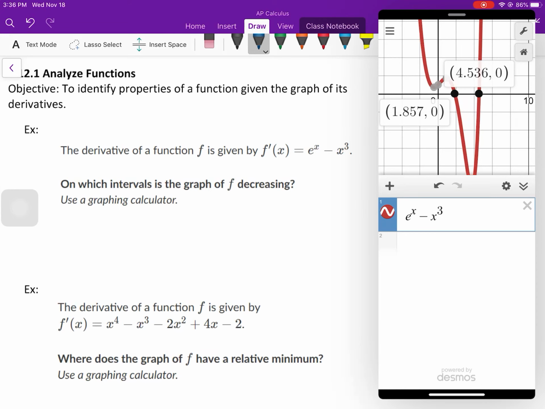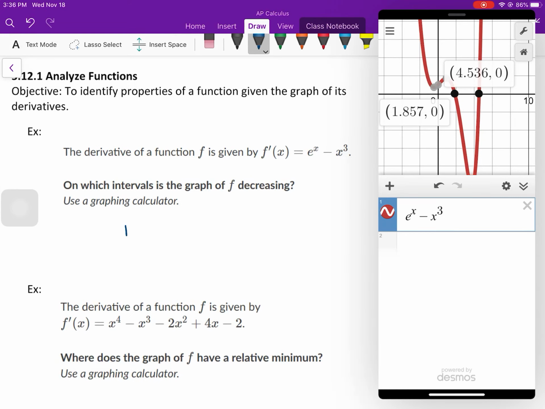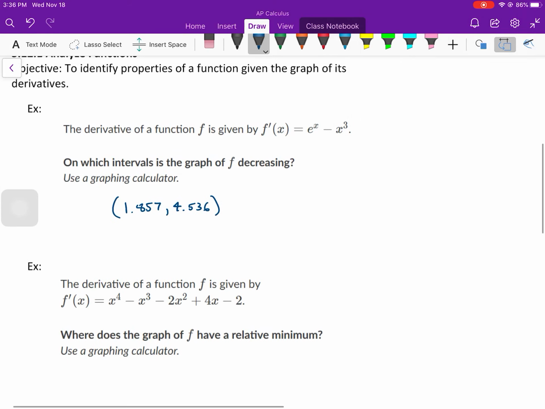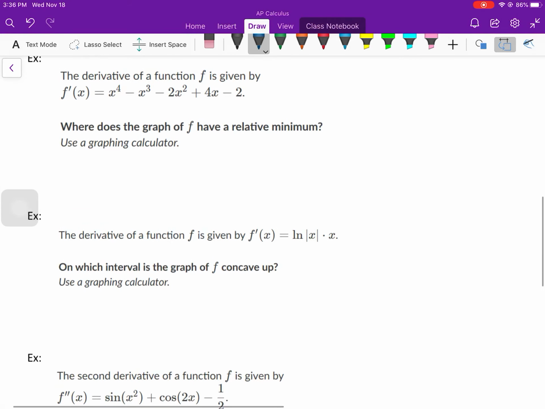And it's negative on this interval right here, 1.857 to 4.536. So since our derivative is negative there, then f is decreasing. So f prime's negative, meaning f is decreasing.